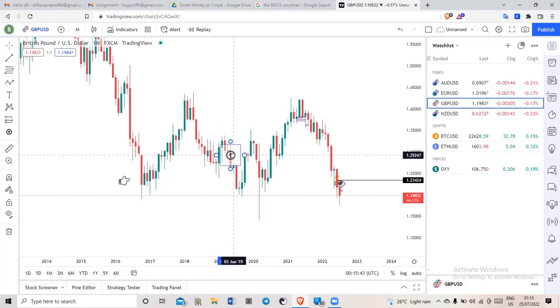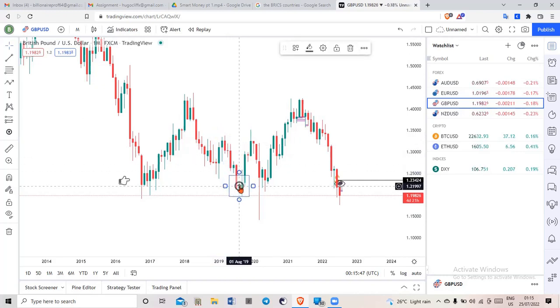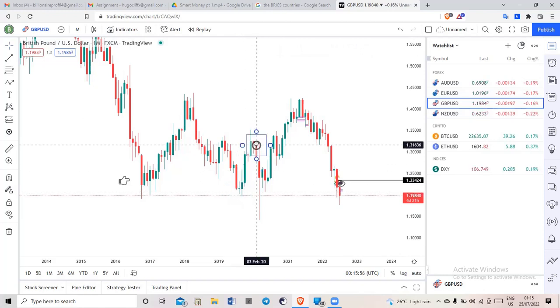Eventually it comes down where there's no more support or an imaginary floor there, and comes to this same level, bouncing off, probably finding the resistance here.